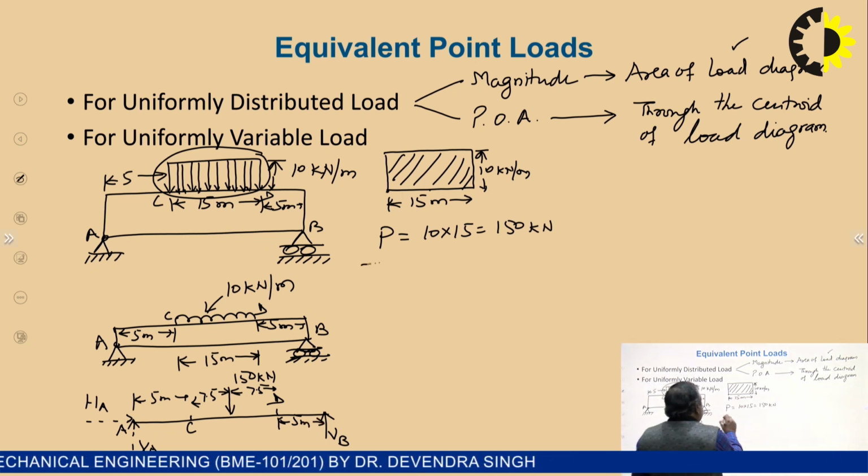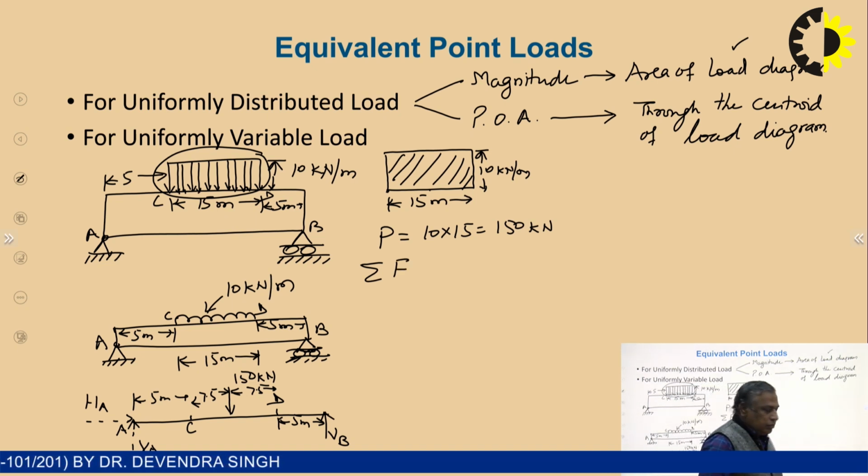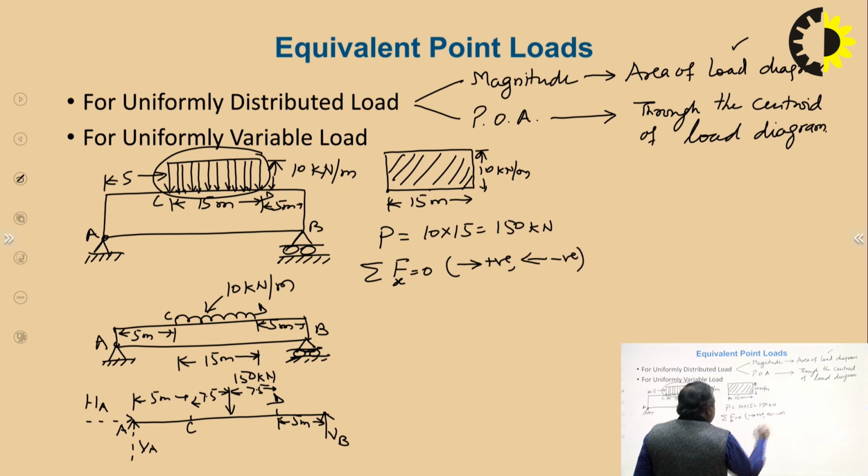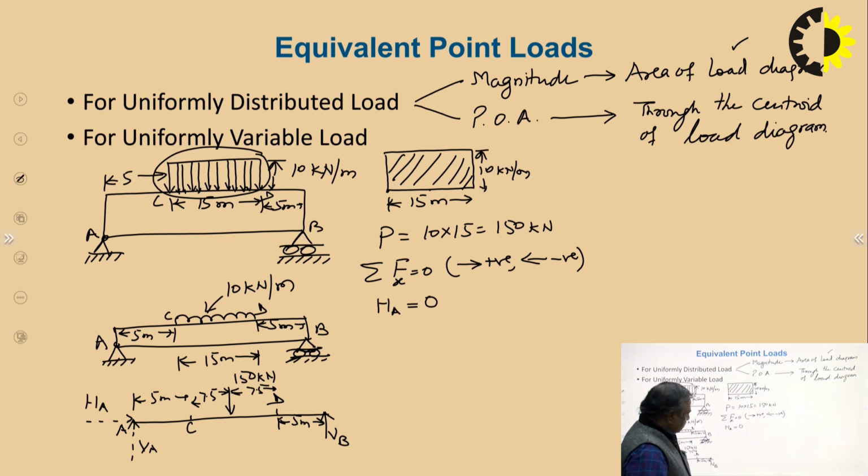Now I will apply the equations of equilibrium. The summation Fx is equal to 0, rightward positive and leftward negative. So summation Fx, only HA, I have assumed it is rightward. There is no other force, that's why 0.